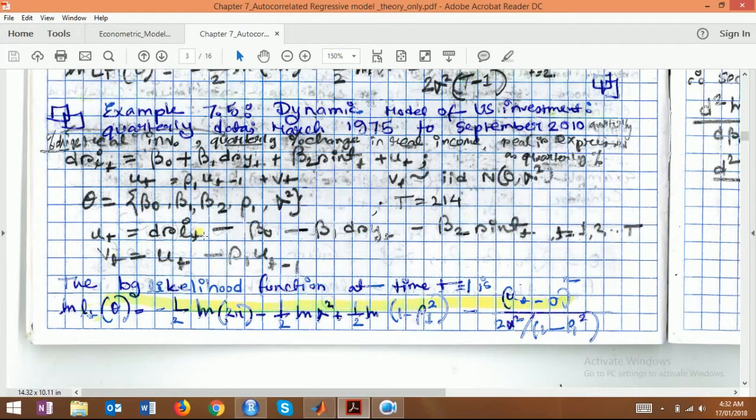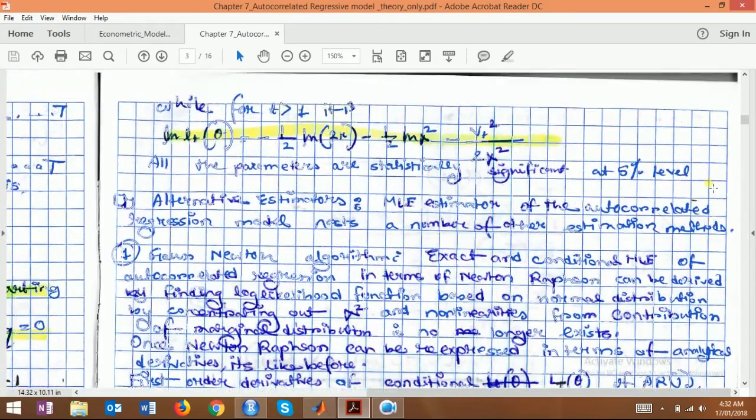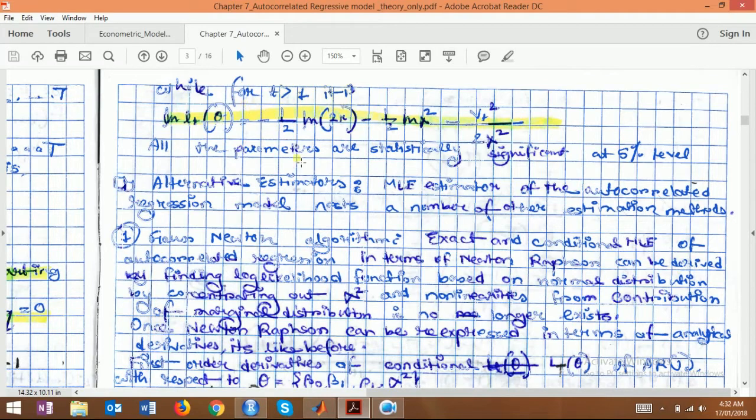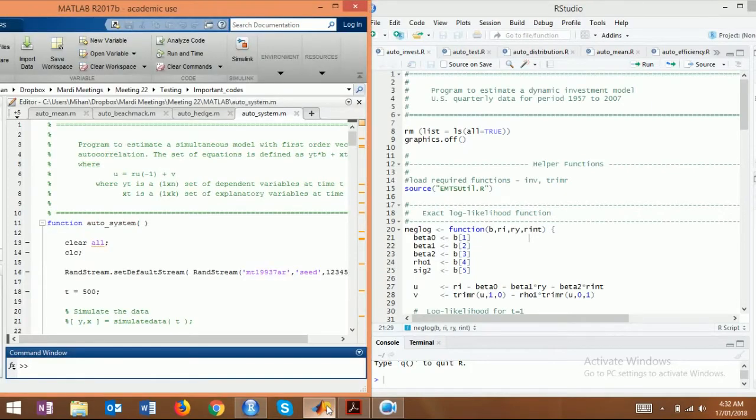So the log likelihood function of the parameter theta is twice pi log sigma square log 1 minus rho square minus u square divided by 2 sigma square divided by 1 minus rho square at t equals 1, and for t greater than 1 it is v square divided by 2 sigma square. So see, instead of u square it turns to v square. So that was it. Let's look into the code now.